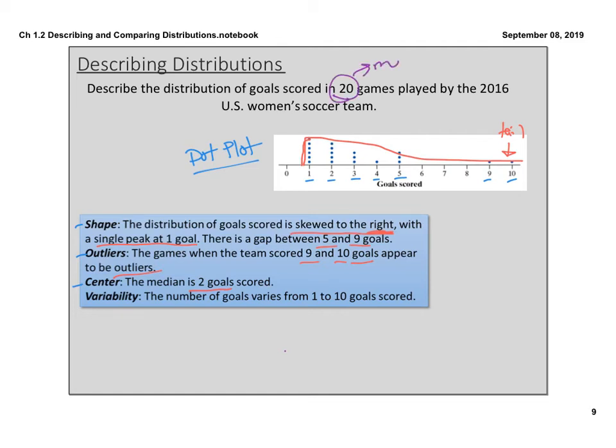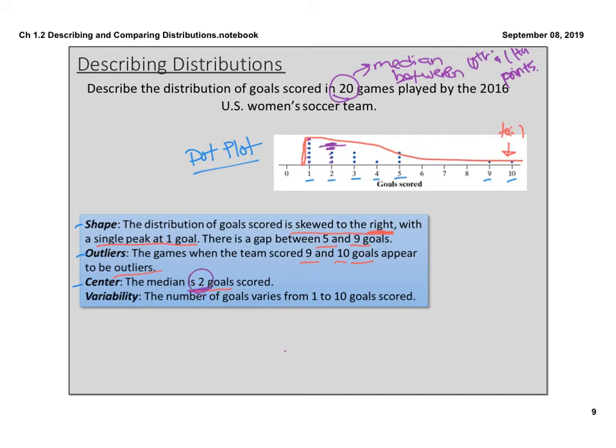That means that the median is going to be between the 10th and 11th game or data point. So if I count here, I've got 1, 2, 3, 4, 5, 6, 7, 8, 9, 10, and 11. And if I averaged those out, they're both at 2. So 2 plus 2 divided by 2 would be 4 divided by 2, which gives me 2. So my median there is 2.